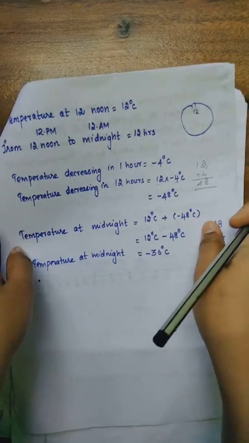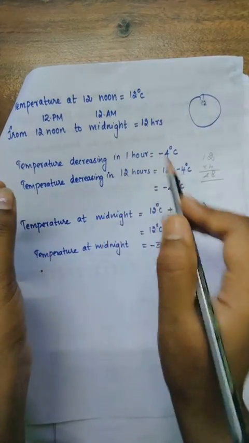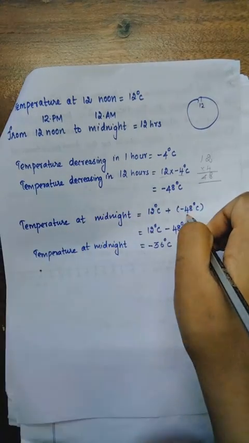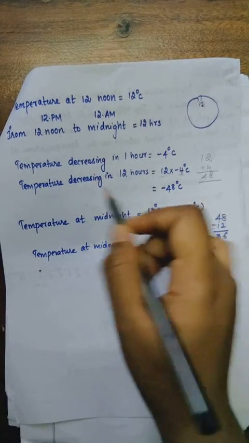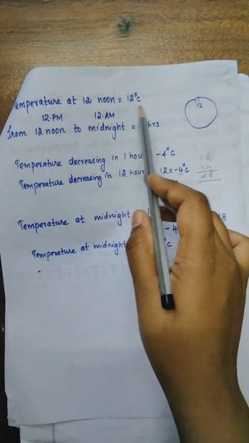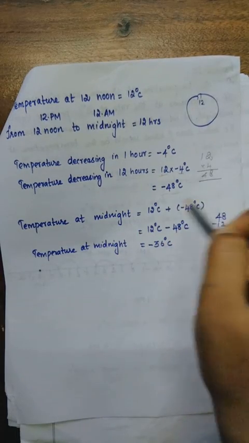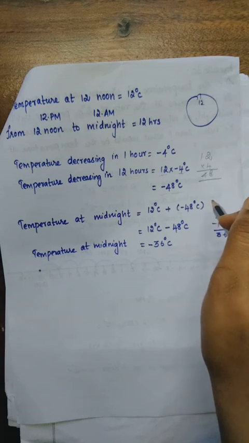Next, temperature at midnight is equal to temperature at 12 noon minus temperature decreasing in 12 hours. That is 12 degrees Celsius plus minus 48 degrees Celsius.